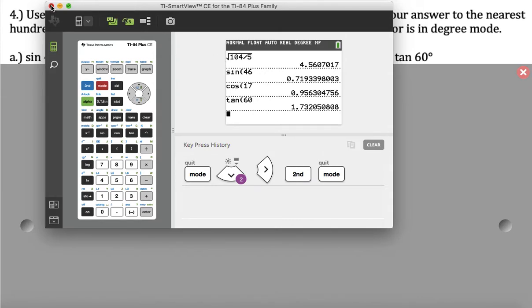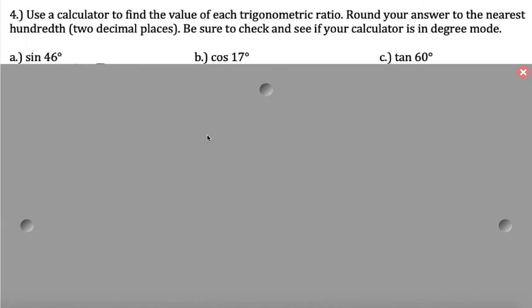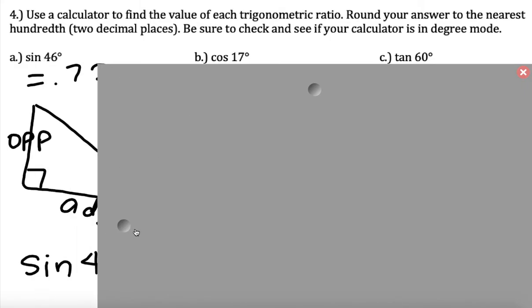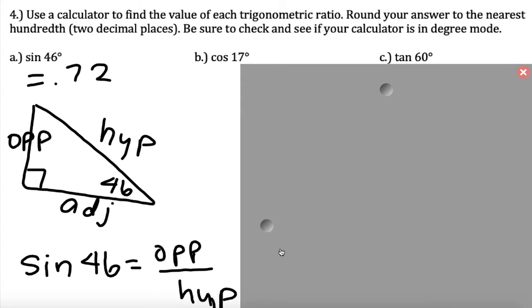So just to finish this out here, what did that mean when you got those values? Why does the sine of 46 equal that? Well, remember what sine is. If I have a triangle here with 46 degrees, opposite divided by hypotenuse.